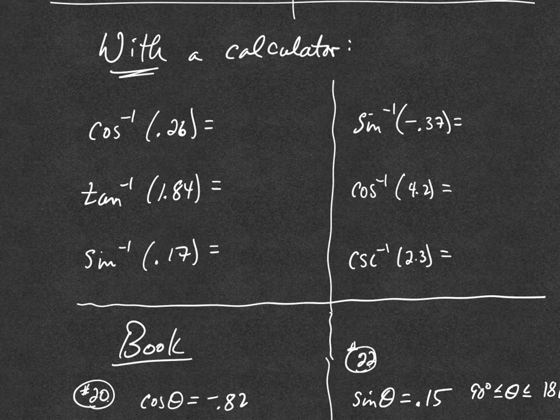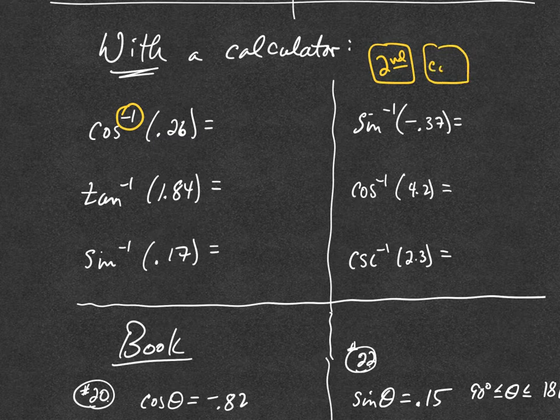Well, what we're going to have to do is access the function on your calculator for inverse cosine. So we're going to start by hitting the second button. Everybody who has a Texas Instrument, start by hitting the second button and then hit cosine. What you should see on your window is cosine to the negative first, cosine with a -1 superscript.